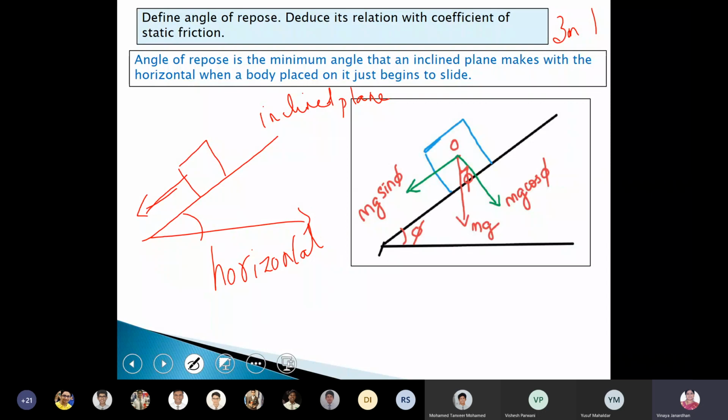As you tilt, increasing the angle of inclination, at one point the body begins to slide. Is that clear, boys? So the angle of the inclined plane when the body just begins to slide, we call this the angle of repose.